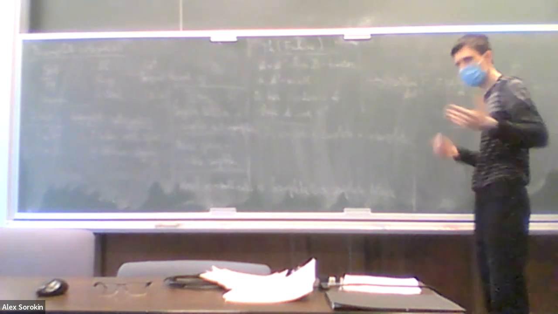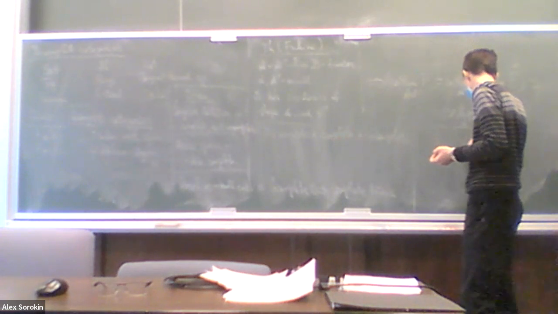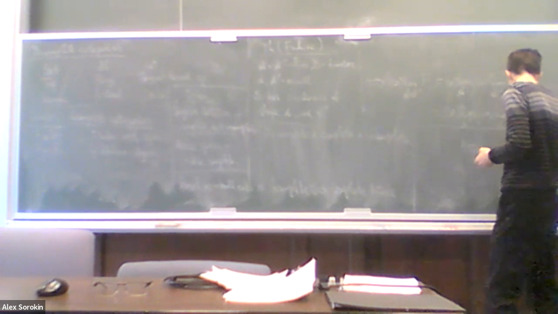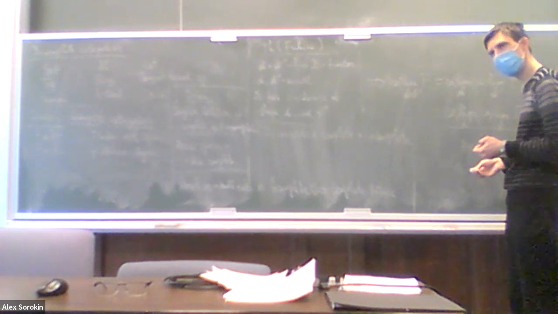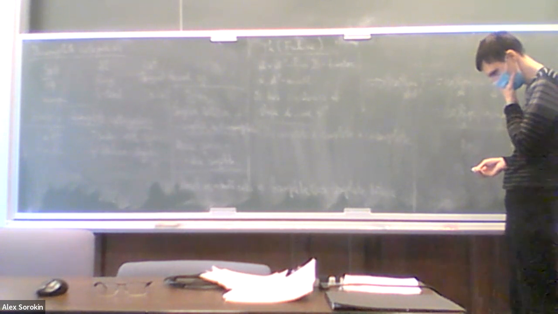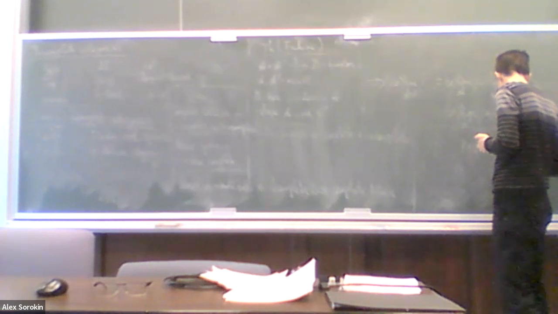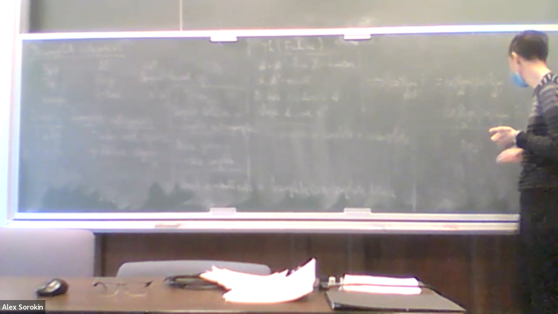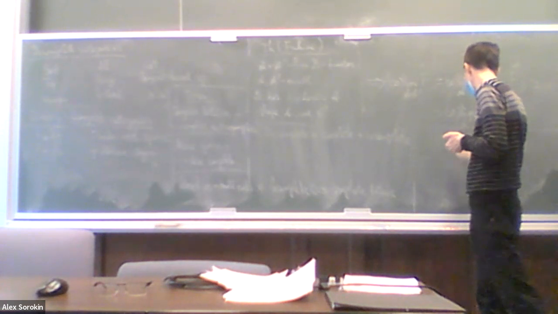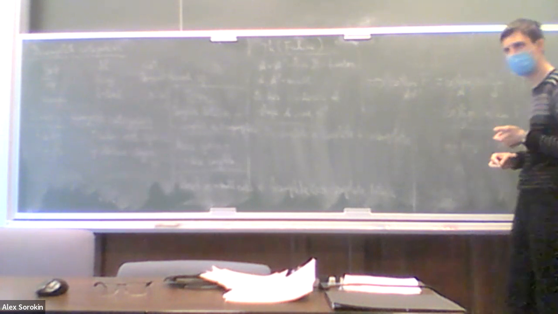When you have a function of two variables, f of x and y, then I can take the maximum over x, which is greater or equal than the minimum over x.